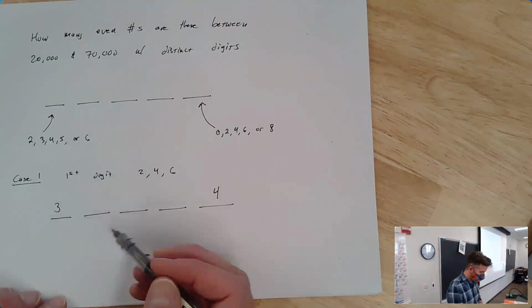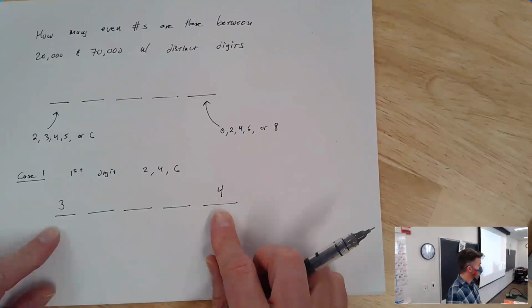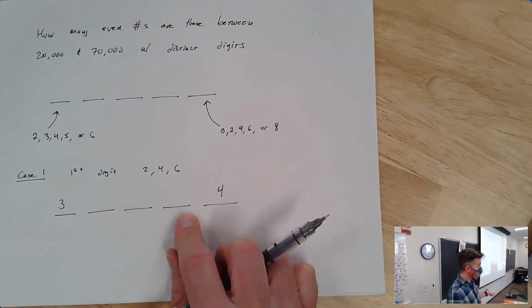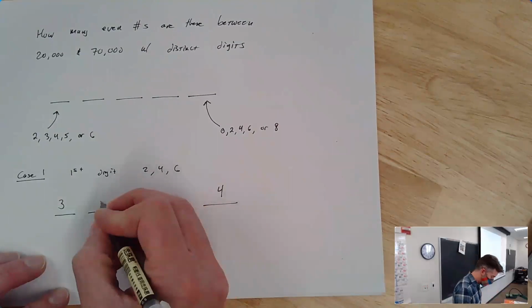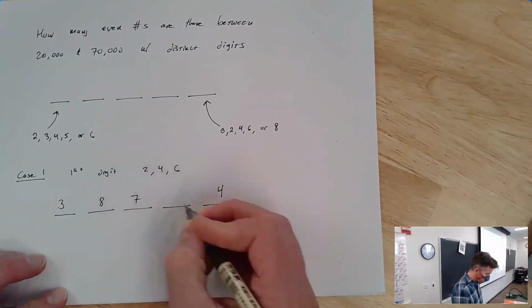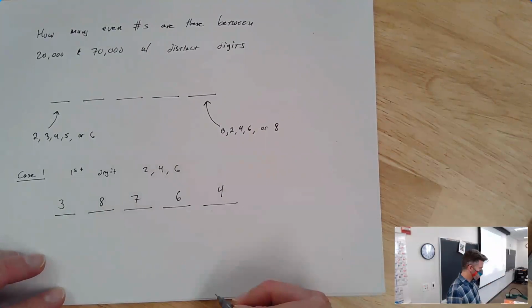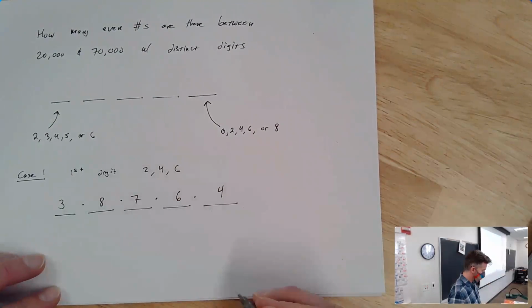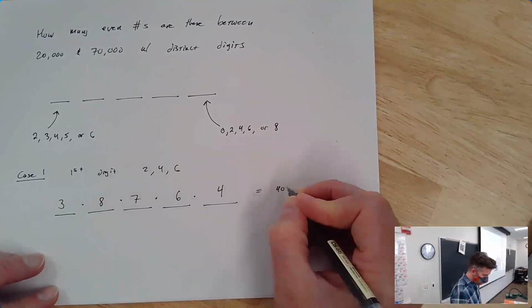Okay. And then I've used up 2 of the 10 digits that are possible. For the rest of the 3, anything goes. So there's 8 choices here, 7 choices here, and 6 choices there. And that's equal to 4,032.